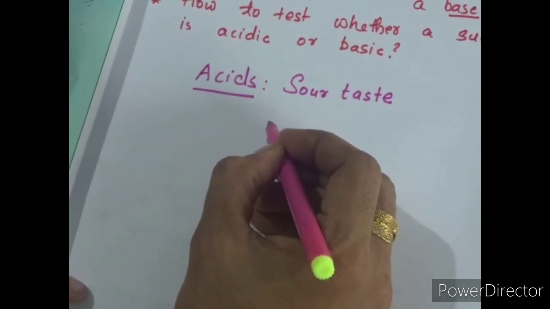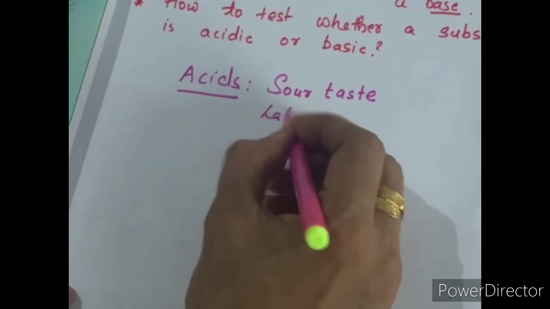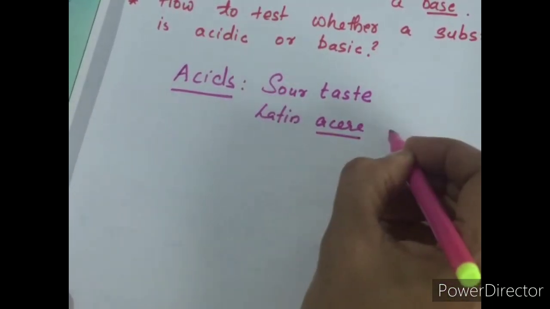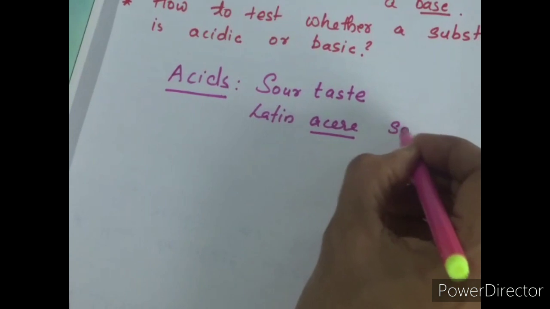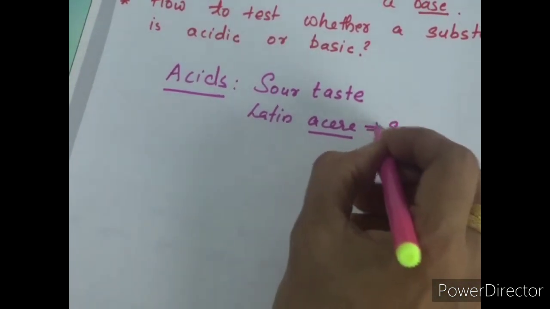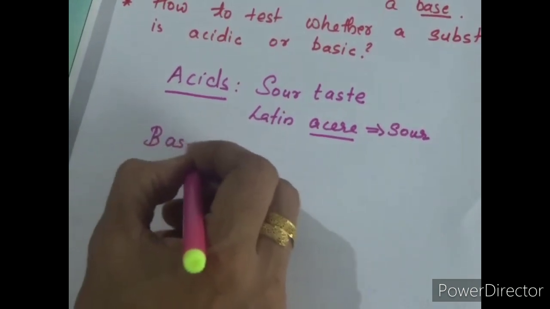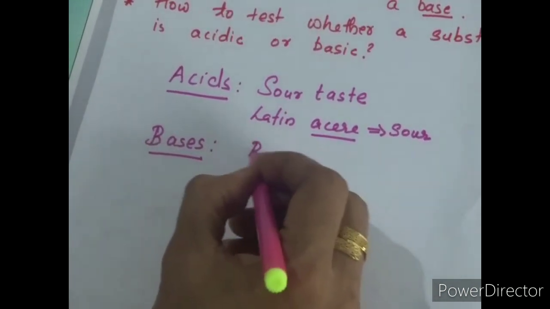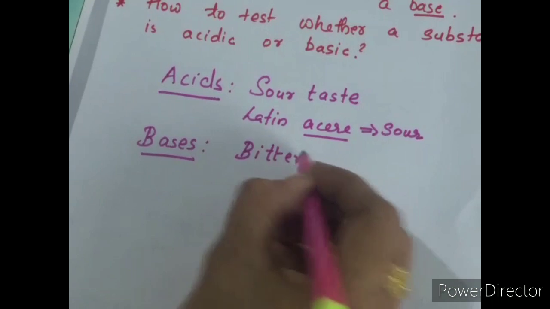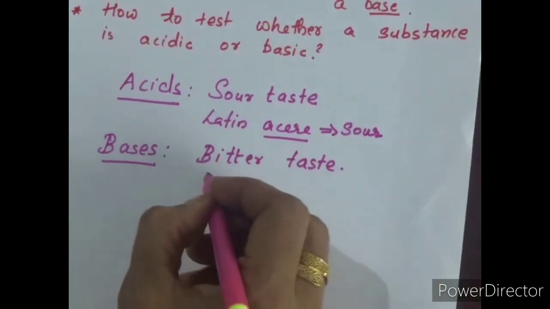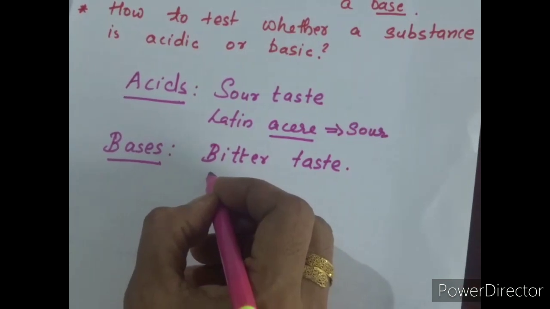The word acid is derived from the Latin word acer, which means sour. And bases are substances which have a bitter taste. In addition to this, we feel soapy on touching them.